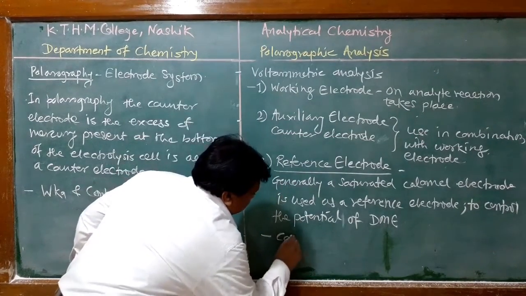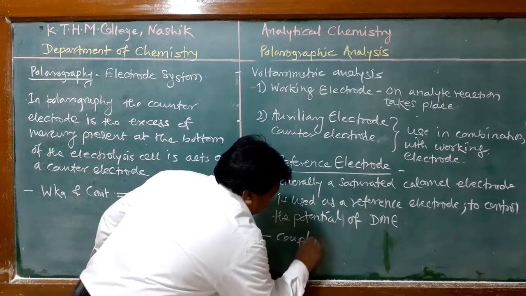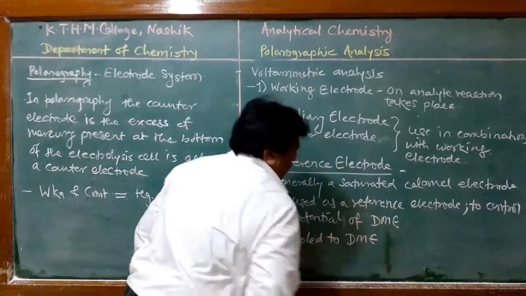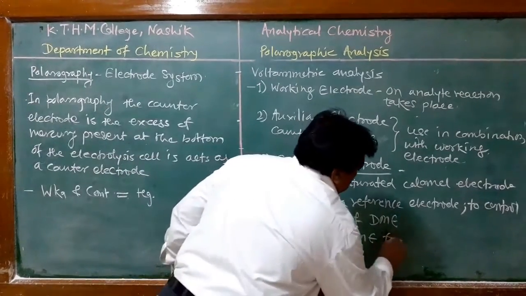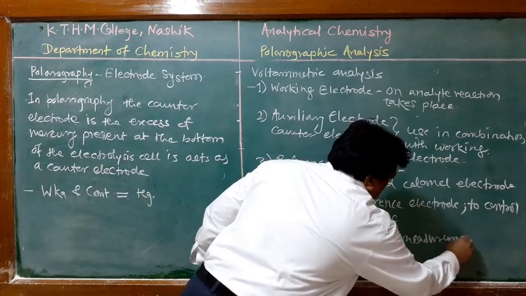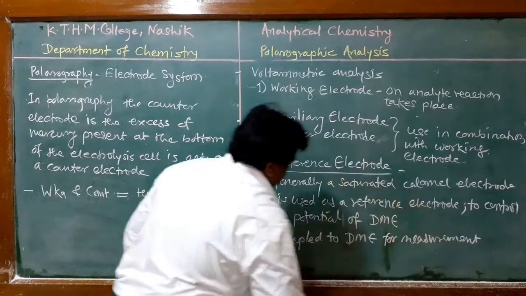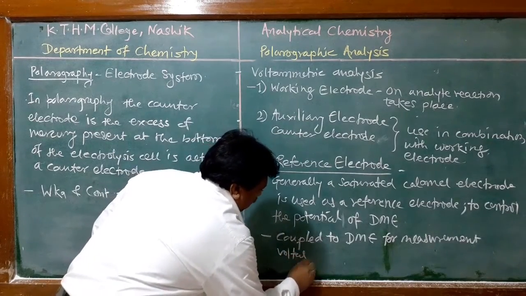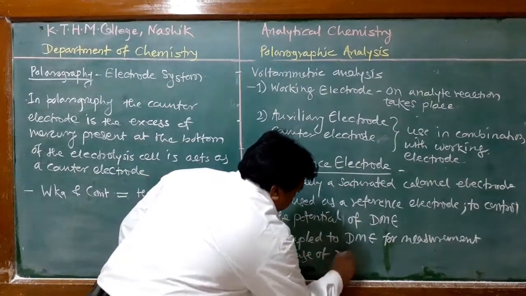Therefore, it is coupled to the dropping mercury electrode for measurement of potential difference, or the voltage of the DME.